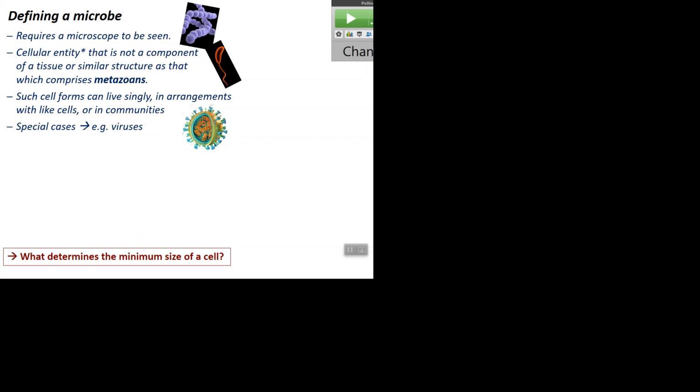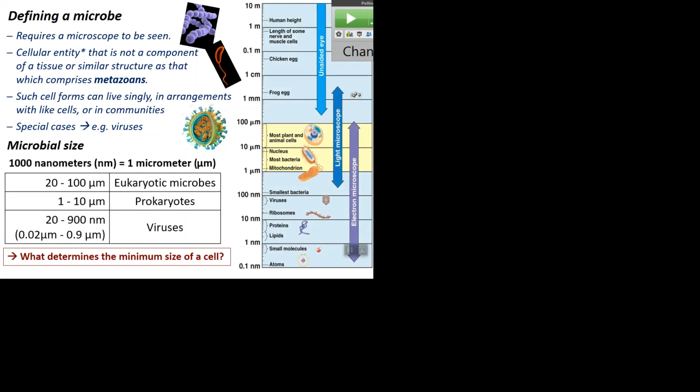Okay. Now, I mentioned a little bit about sizes, and the scale of sizes. So viruses, of course, are the smallest. We're talking in terms of tenths or hundreds or thousands of micrometers. The prokaryotes, bacteria and archaea, are in that 1 to 10 micron range.